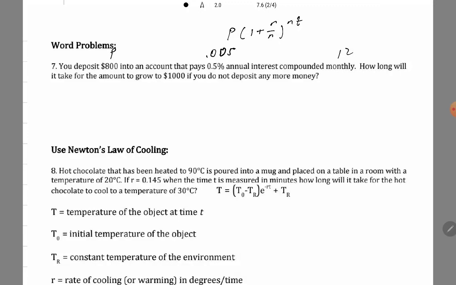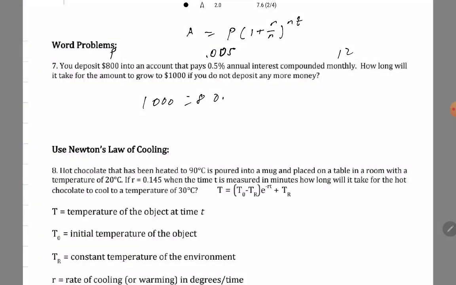How long will it take to grow to $1,000? Okay, and then let's put A here. So this is 1,000 now, equals 800 times 1 plus 0.005 over 12, to the 12t.